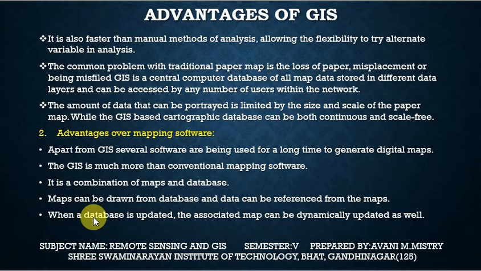The maps can be drawn from the database and data can be referenced from the maps. When the database is updated, the associated map can be dynamically updated as well.